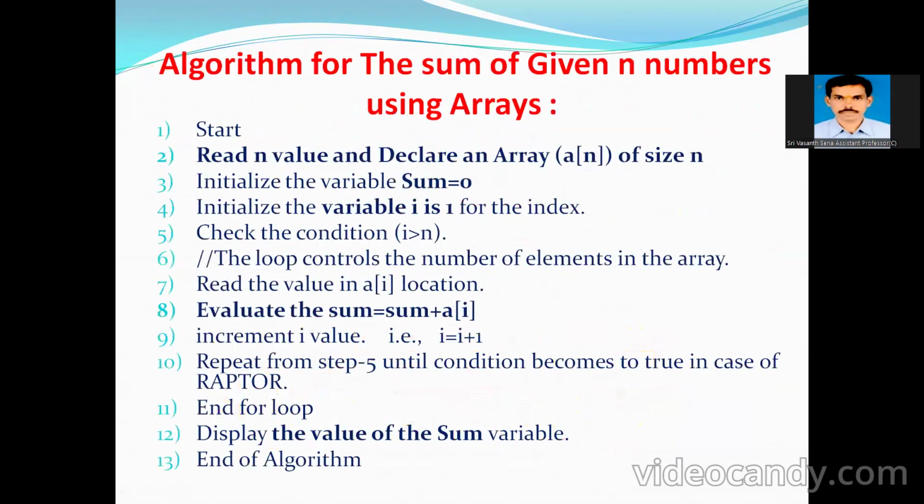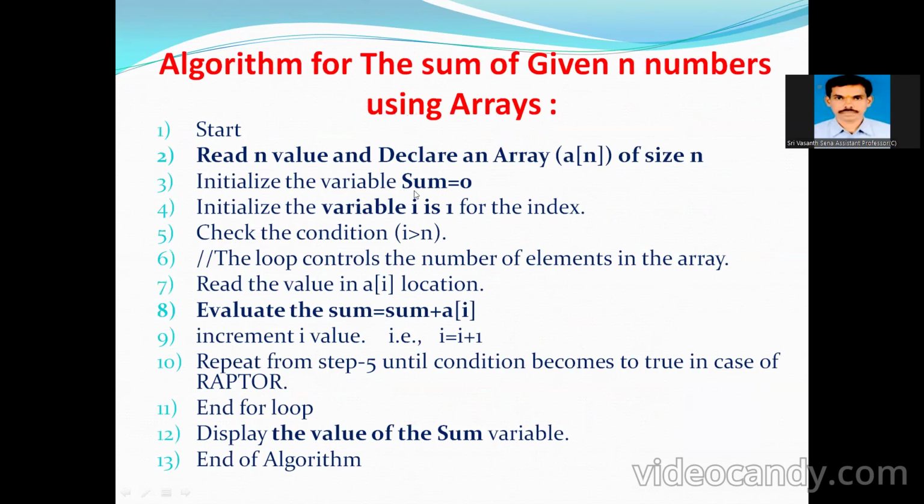Now the algorithm for the sum of given n numbers using arrays. First of all, we start our algorithm. Read the n value, the number of values, and declare an array A of size n; in the square brackets you always need to declare the array size.